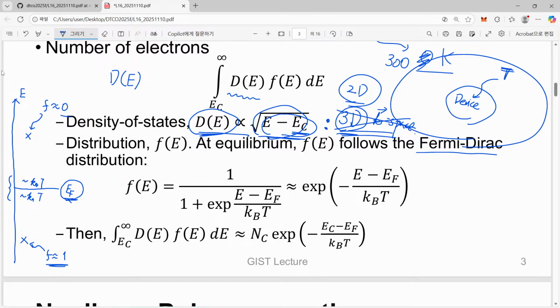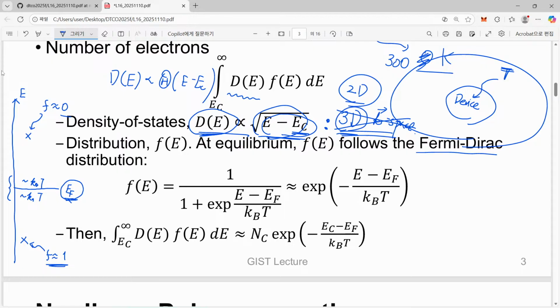It is like just a step function of E minus EC. Beyond the conduction band level, the density of state is more or less constant. So, well, that is another story. But right now, we will just concentrate on three-dimensional K space because silicon really has a three-dimensional characteristic.